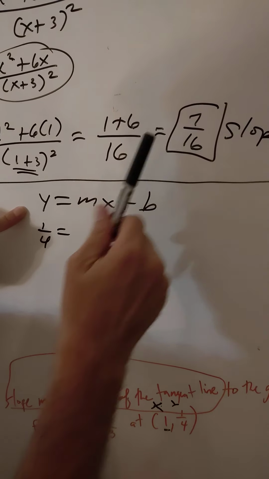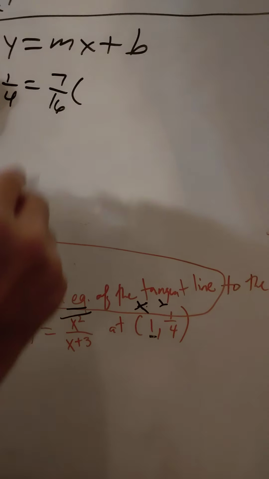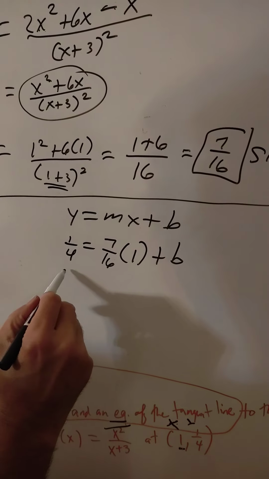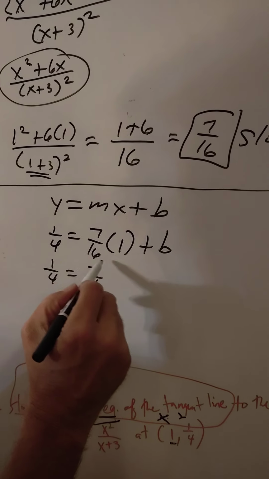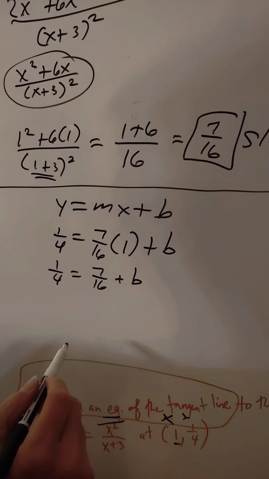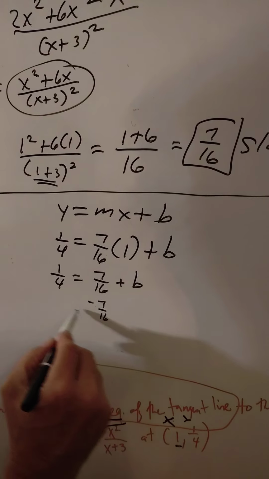For m, write 7/16. Times x, write 1. And then plus b, that's what we're looking for. Simplifying, I get 1/4 equals 7/16, because 7/16 times 1 is still 7/16, plus b. And now to get b by itself, just subtract 7/16 from each side.